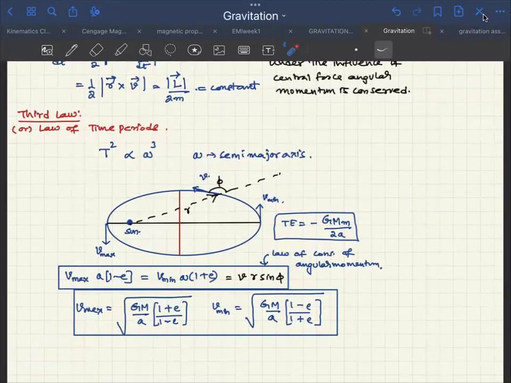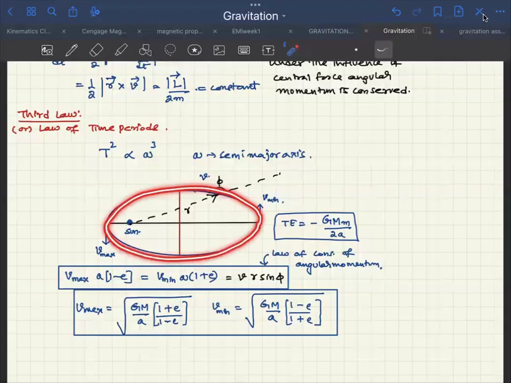Law of time period. According to him, the square of the time period of revolution, meaning from here back to that point is one revolution, takes, for example, capital T time.